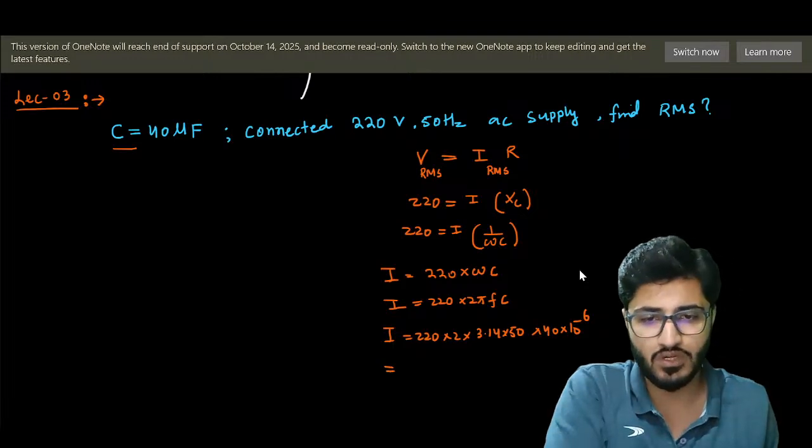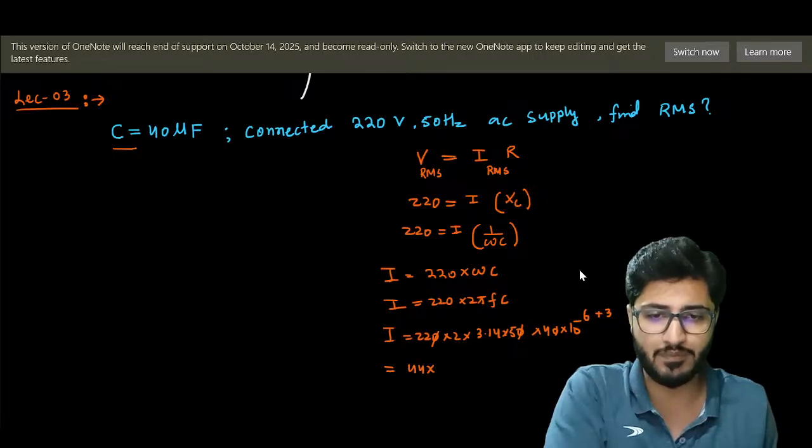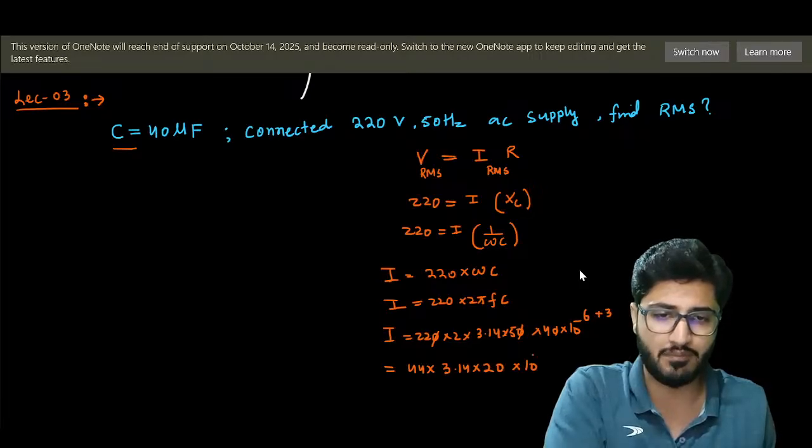So it is 44 multiplied by 3.14 into 5 4 20, 10 to the power minus 3. 1 cancels out. It is 88 multiplied by 3.14 times 10 to the power minus 2.